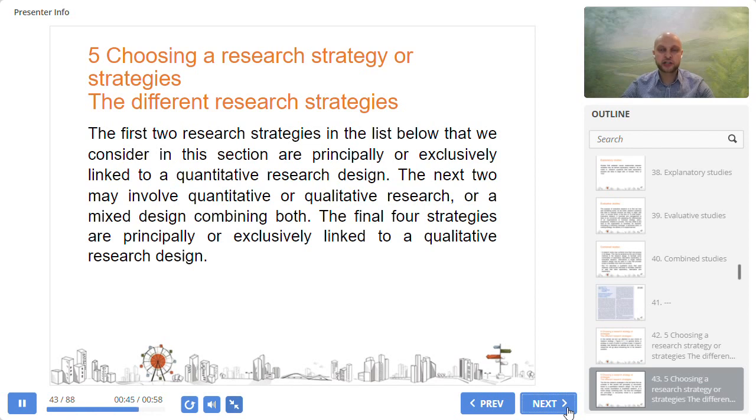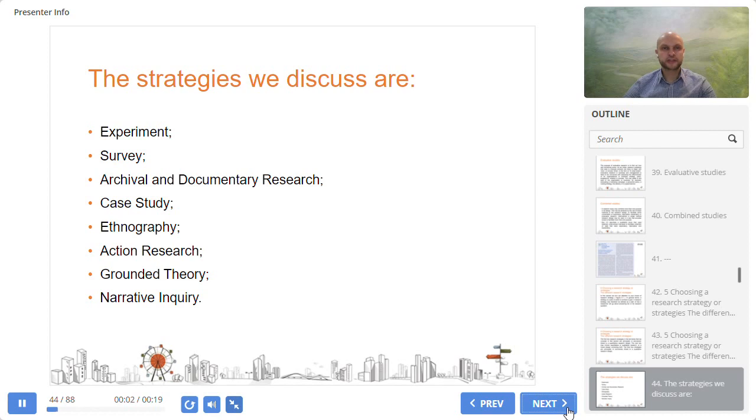In our discussion, we draw out the distinctions between three strategies to allow you to make an informed choice between qualitative strategies as well as between or across quantitative and qualitative strategies. Here we can see the list of strategies: experiment, survey, archival and documentary research, case study, ethnography, action research, grounded theory, narrative inquiry.